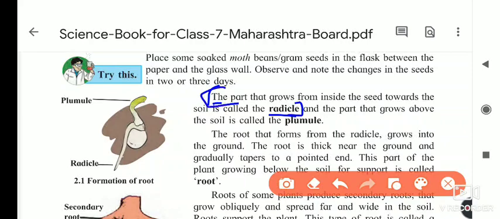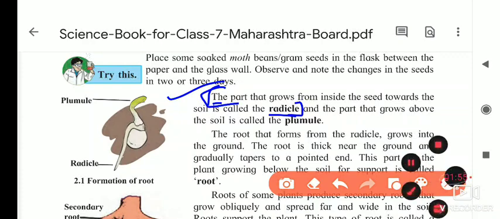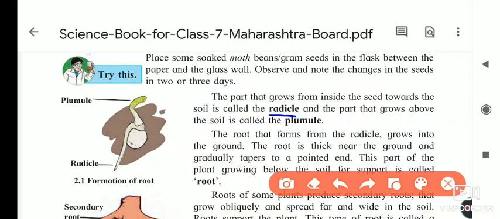So here is the definition of radical. And the other part, which grows above the soil, is called a plumule. If they ask for the plumule's definition instead of radical, you have to write that. So in our test you have to write the radical's definition: the part that grows from inside the seed toward the soil is called a radical.